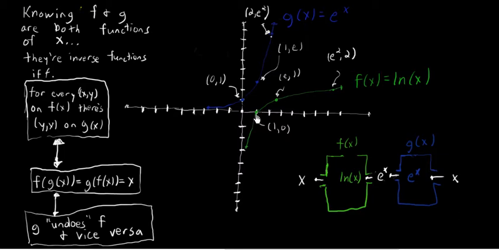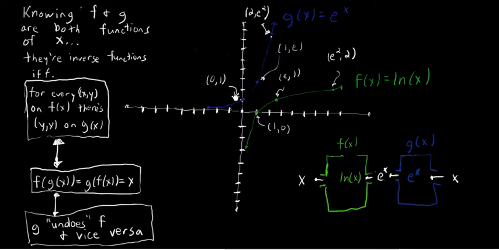Now, to think about these inverse functions from the composition vantage point, let's say you plug in 1 into f. Well, f is going to output a value of 0, right? And if you plug that result 0 for x into g, well, g is going to output 1. You started with 1 that you plugged into f, got a result, plugged that result for x into g, and you got back 1.